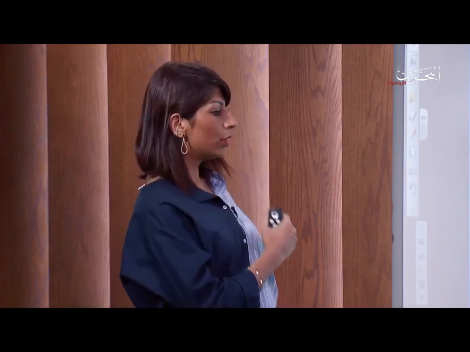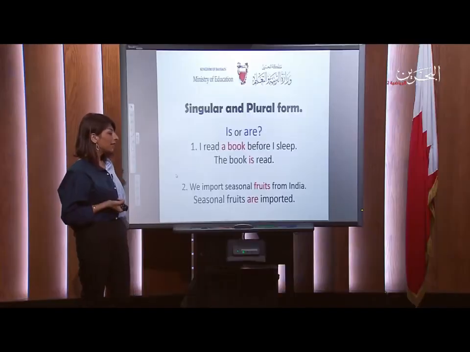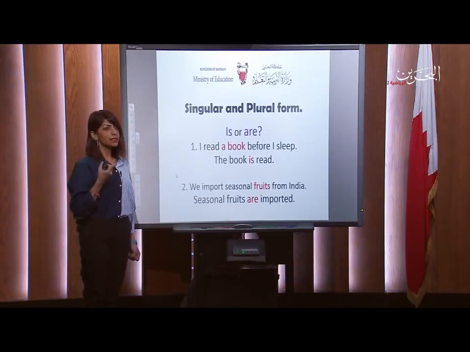Second example is, we import seasonal fruits from India. And this is the active, the normal type of sentence. If I want to transfer it into passive, I start with the object, which is the seasonal fruits. And I said fruits, which means it's plural.